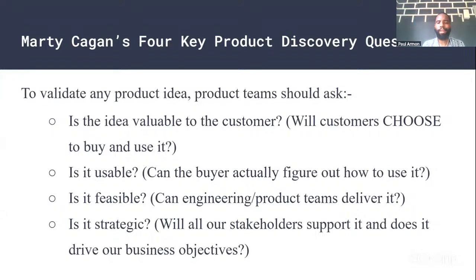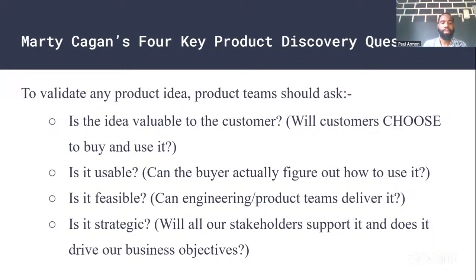Let's say you're a developer, you know how to read code, you know how to fix bugs. Some things might be easy for you to understand, but the customer, the end user, is the main person that is supposed to know how to use it. So you need to make sure it is usable.